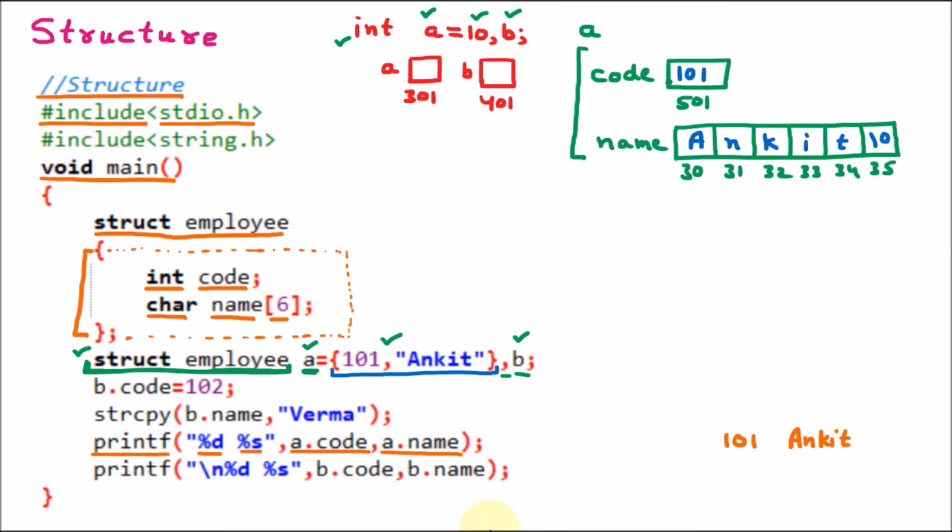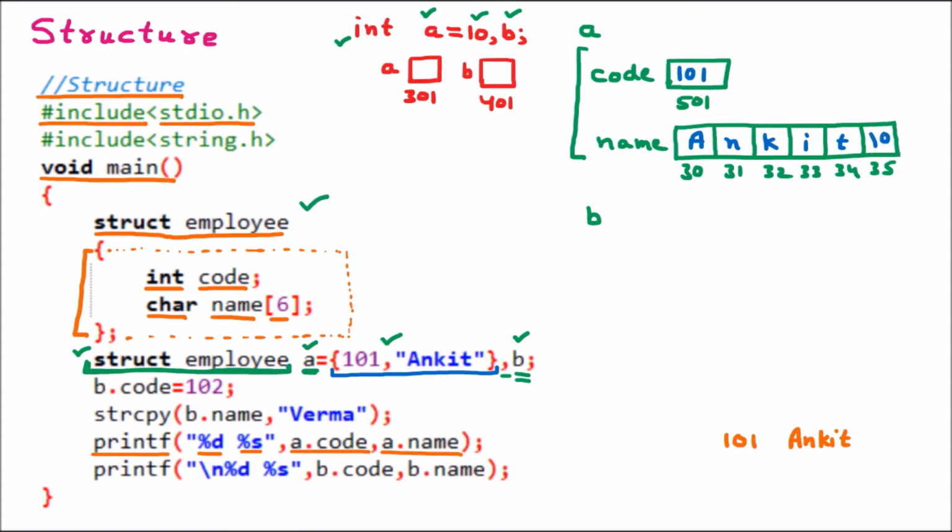Similarly, whenever we make a variable of the structure, blocks will be reserved. Here we are making the variable B, so the name of the variable will be B, and this variable is of structure type, and the structure contains its elements.